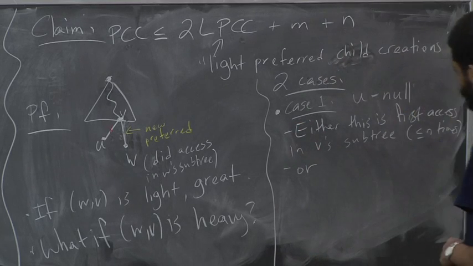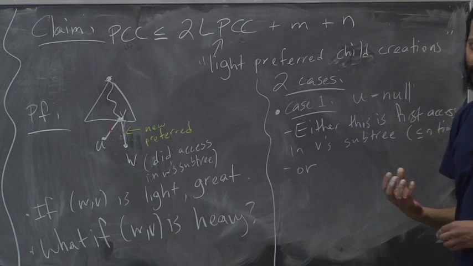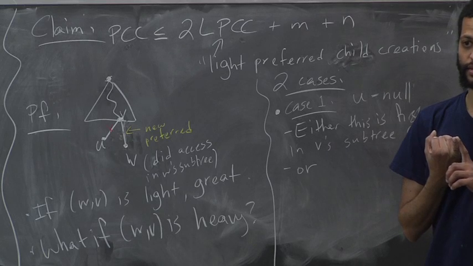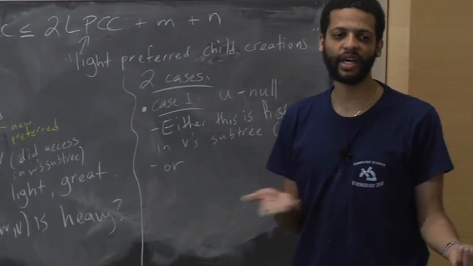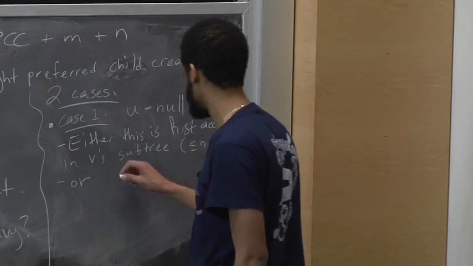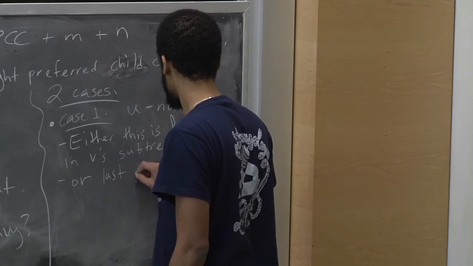Or the last access in V's subtree was either to V itself, that's why it has no preferred child, or it had one, and then we cut it off in a cut operation.